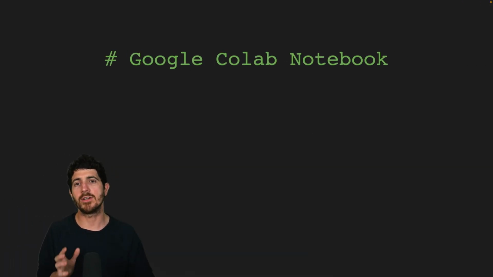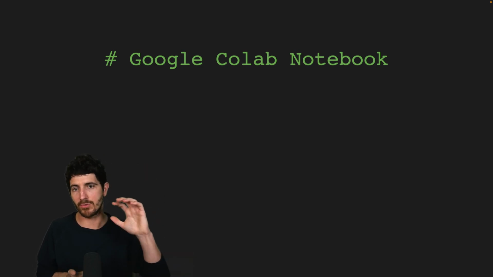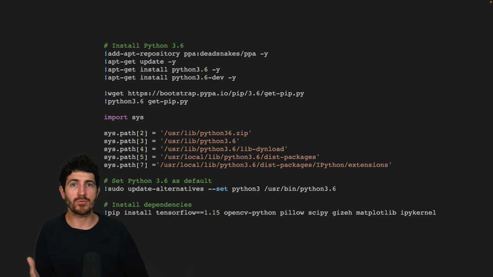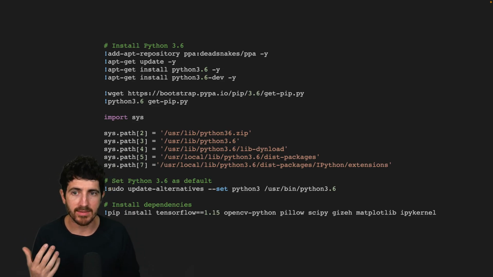There is a Google Colab Notebook, and instead of going through it right now, I'm just going to explain the high level concepts of what it does. We have to run this code to make sure that we install Python 3.6, because when this algorithm was first deployed in Google Colab, at least by me, I think in live 39, we had Python 3.6 by default on the Colab Notebook.